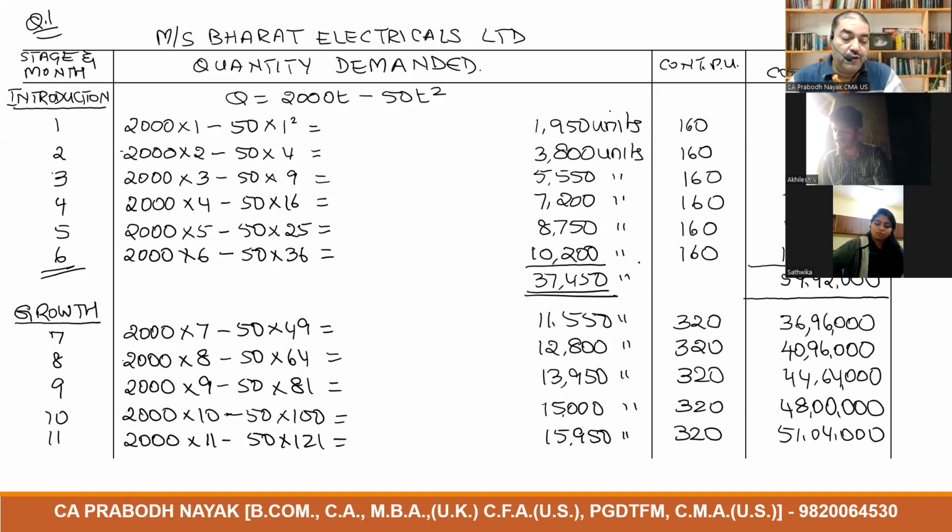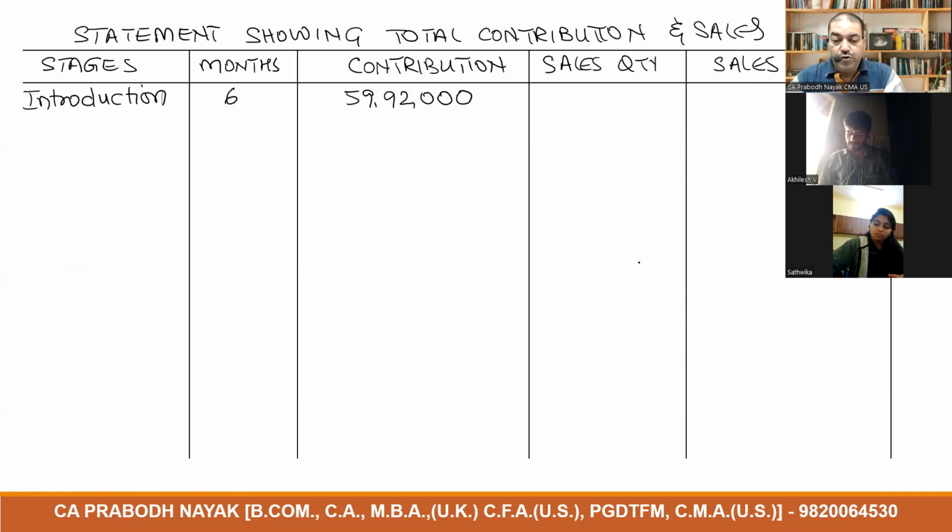And what was the selling price in that stage? 800. The selling price was 800. So I will show it here as 37,450 at 800 per unit. So that will come to 2 crores 99 lakh 60,000.